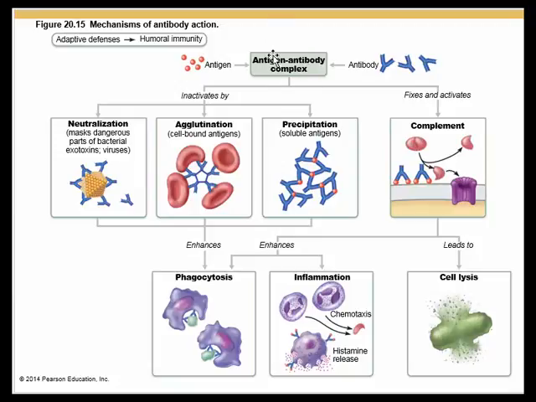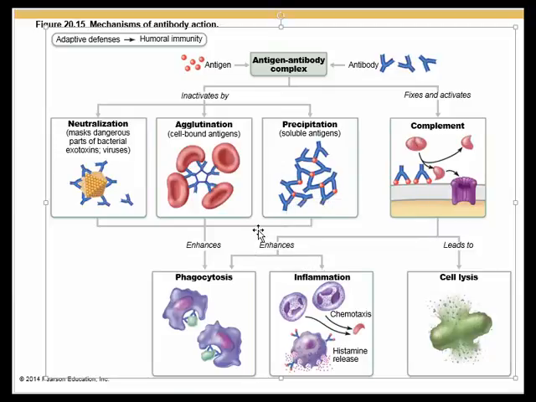If we have that antigen-antibody complex, such as over here, to activate complement, we're going to have cell lysis. If you recall, there are a few of the complement proteins that also enhance inflammation and also enhance phagocytosis, okay, because they bind to the surface as well, just like antibody does.